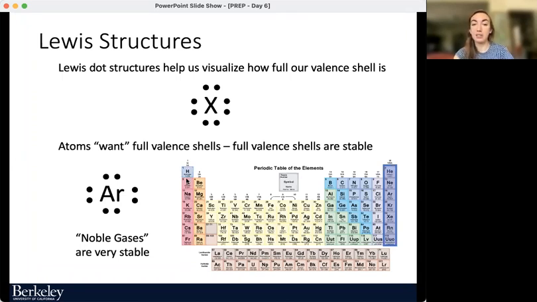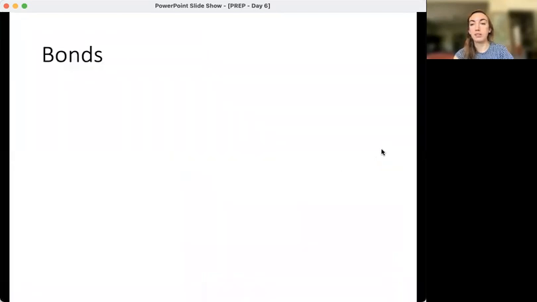Because hydrogen's valence shell is its first level, it wants 2 valence electrons because that would be a full first level, that 1s orbital being full. But for everybody else in this main group, they will want 8 valence electrons. Okay, so that is kind of why bonds happen.